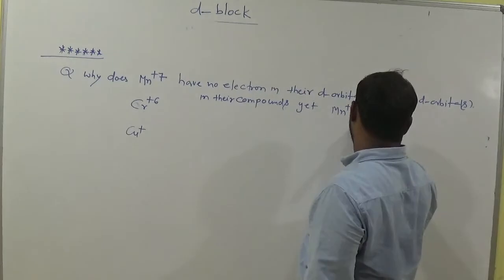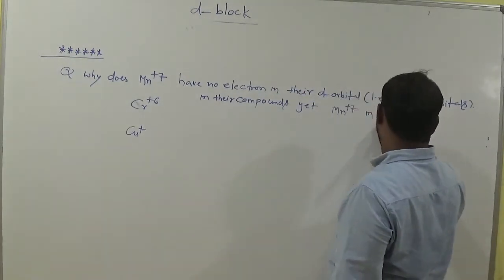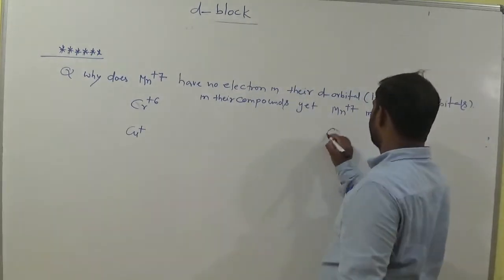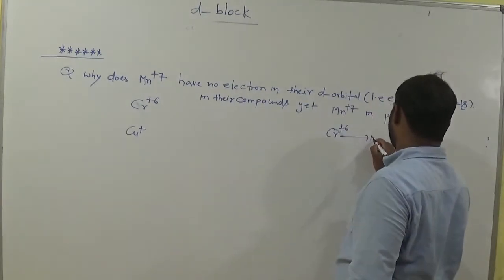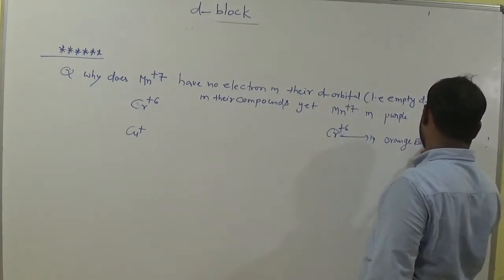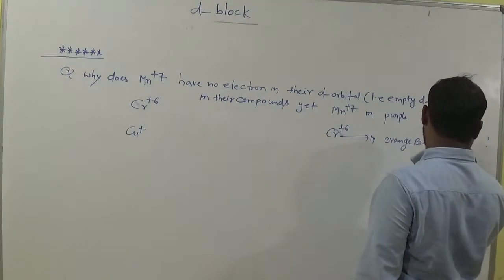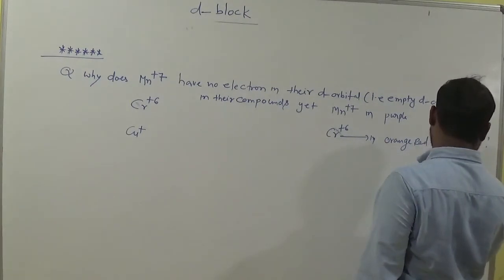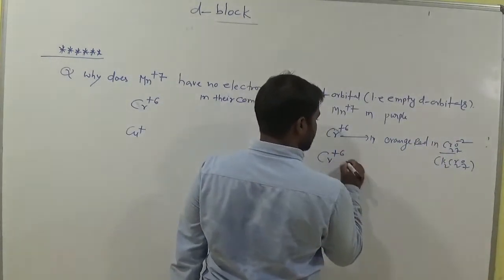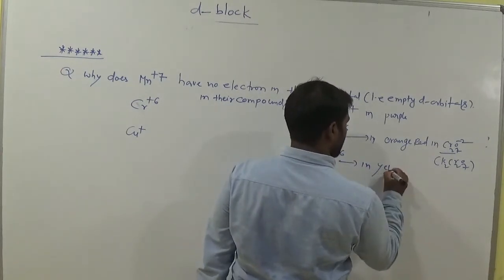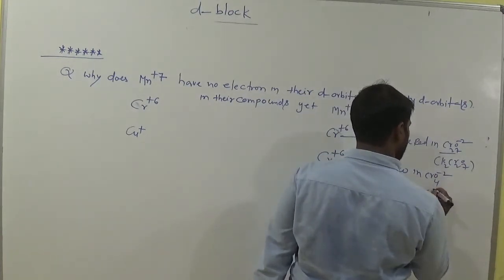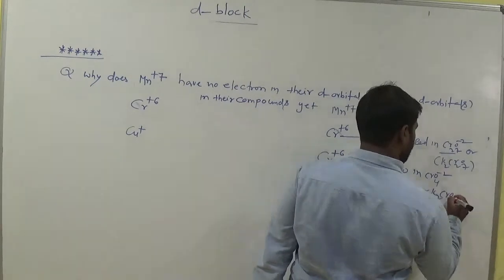yet Mn plus 7 is purple, and Cr plus 6 is orange red in Cr2O7 minus 2 or K2Cr2O7, and Cr plus 6 is yellow in CrO4 minus 2 or K2CrO4.